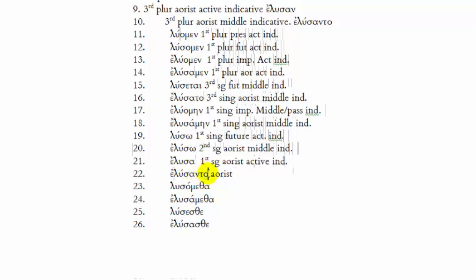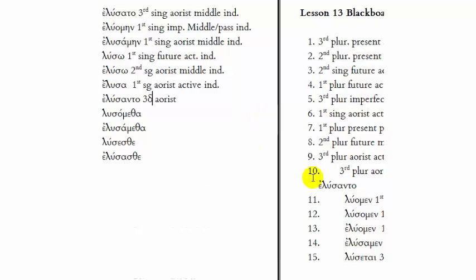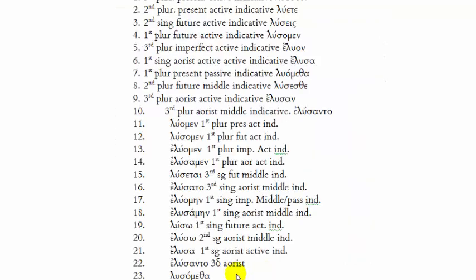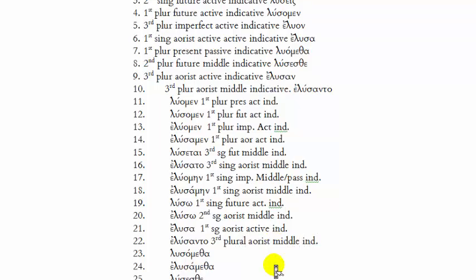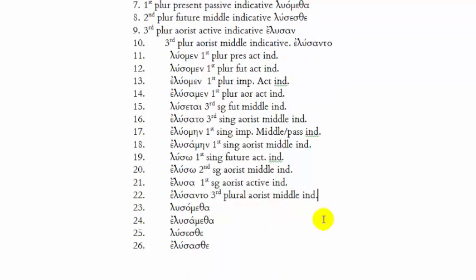Okay, so this is going to be a third plural aorist middle indicative. Okay? Aorist, middle, indicative. Okay, so what else here? We've got a few more here. Let's scroll them down so we can see them.